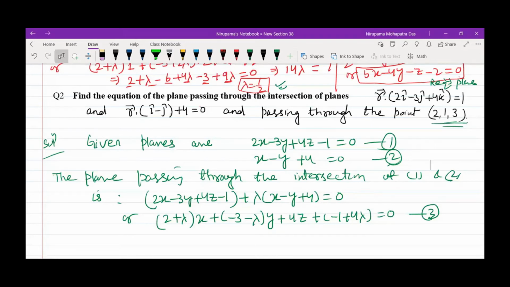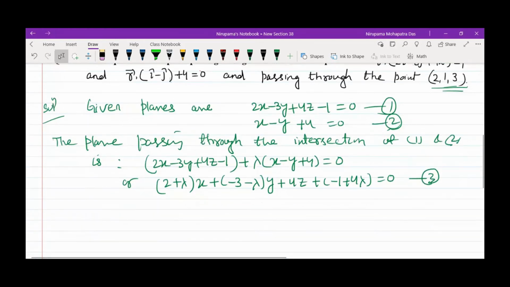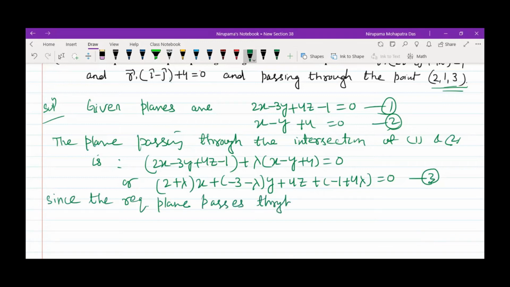So the required plane passes through the point 2, 1, 3, and it will satisfy equation 3.